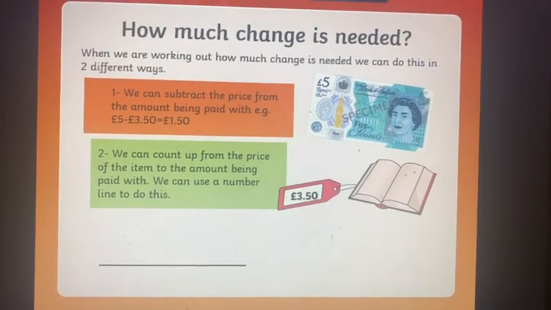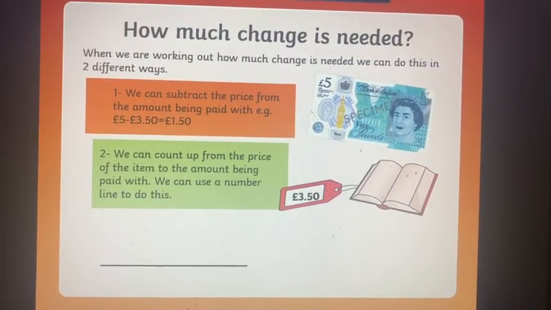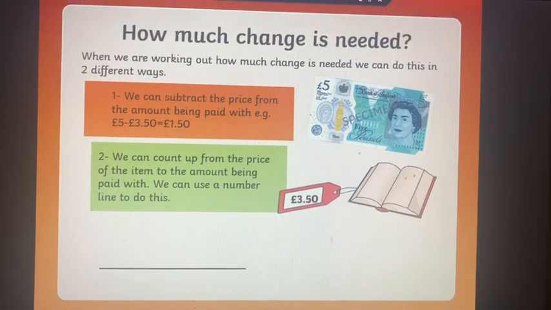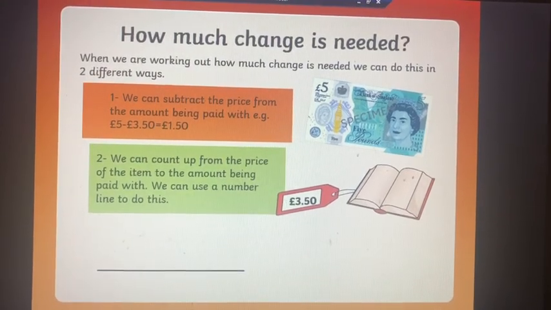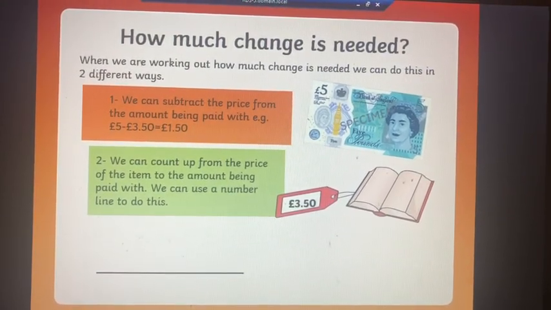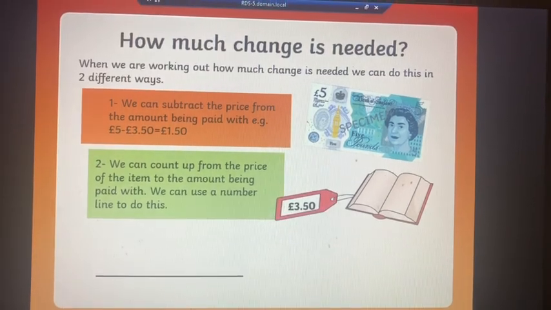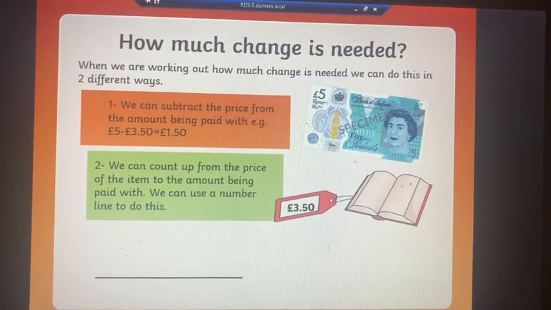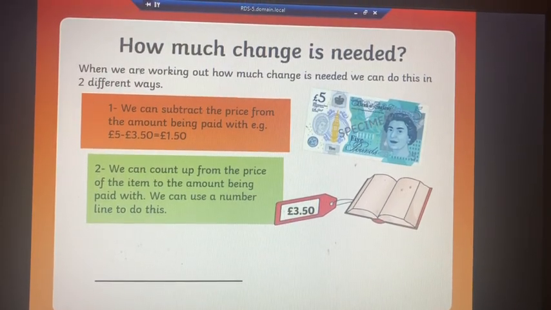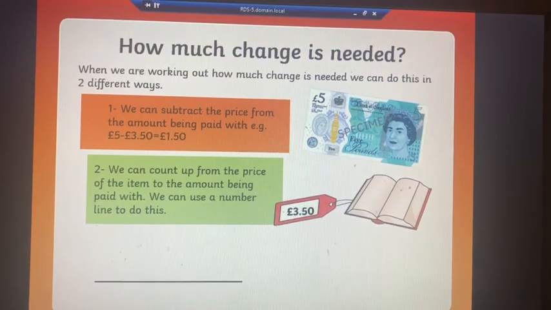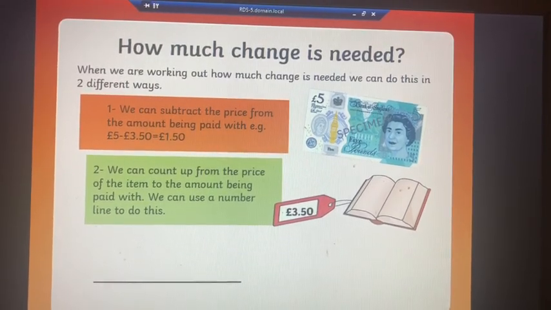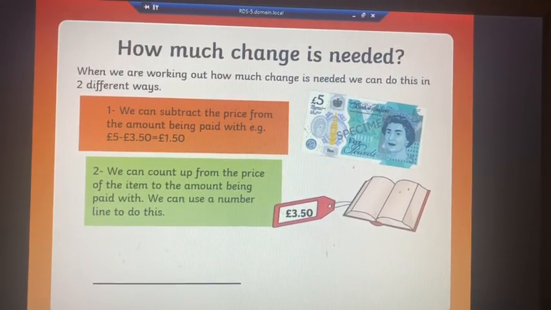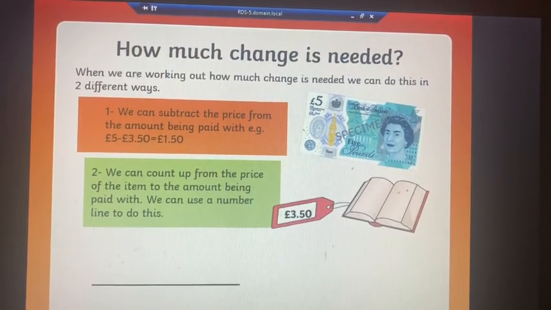So what we're going to do now is I'm going to talk you through how to work out how much change is needed. So we can do this in two different ways. The first way is we can subtract the price from the amount being paid. So for example, if my item cost £3.50 and I paid with a £5 note, I could then do £5 take away £3.50 to find my answer.